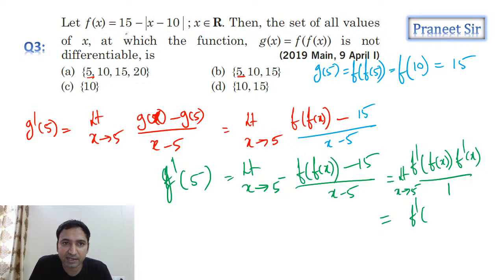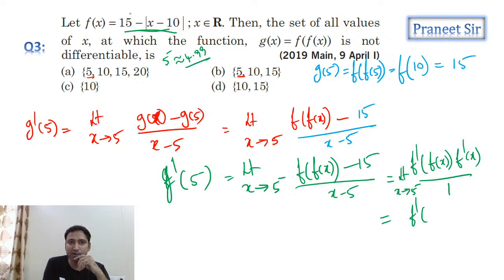F of 5 minus we can calculate. If we calculate f of 5 minus, how much are we getting? 10 we are getting. F of 5 minus is 10 minus or 10 plus, guys. 5 minus means we can take approximately 4.99.